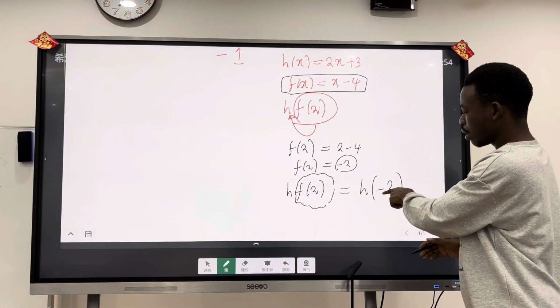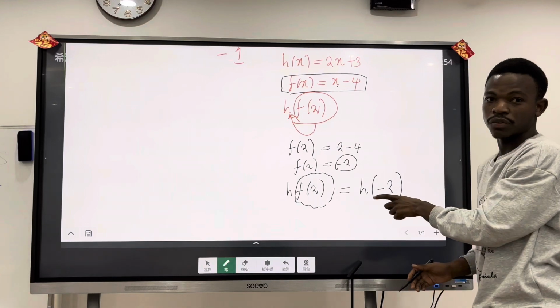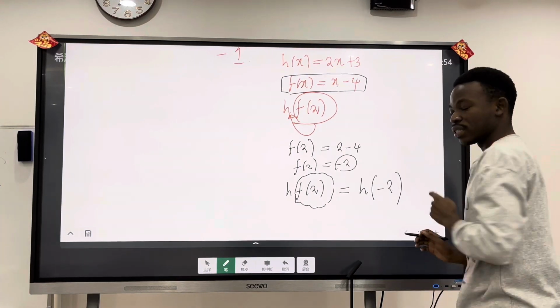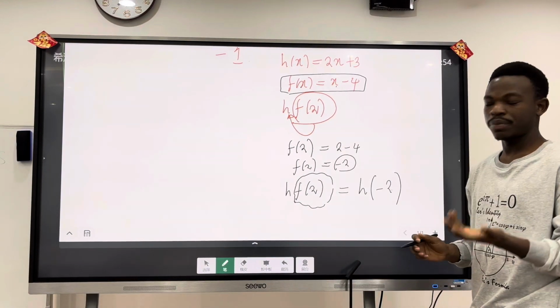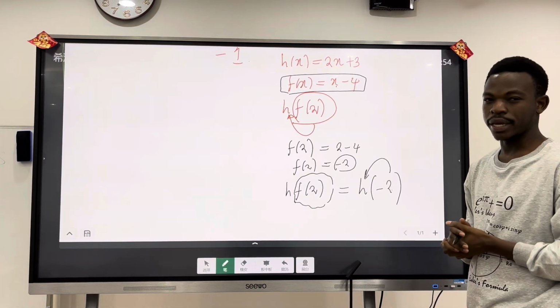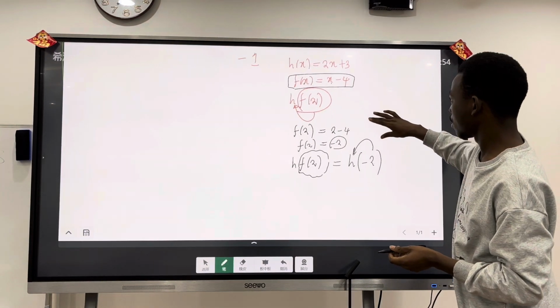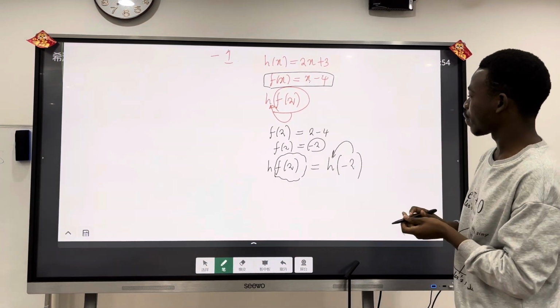Because we now know that this entire thing reduces to h of negative 2, what can we do to h of negative 2? H of negative 2 simply means you're getting negative 2, then putting it where there is x in h.